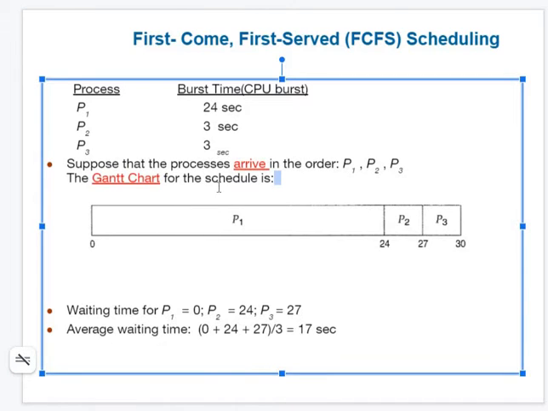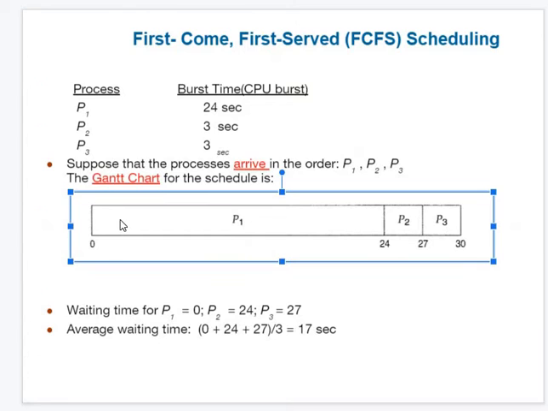Now first question, how to draw this? Once I draw one vertical line, I assume that as the 0th time. The x-axis is time, so I assume this as 0. Now, according to the order, the first process to arrive is P1, so it enters the first box and I write P1. How much time will the process take to complete its work?